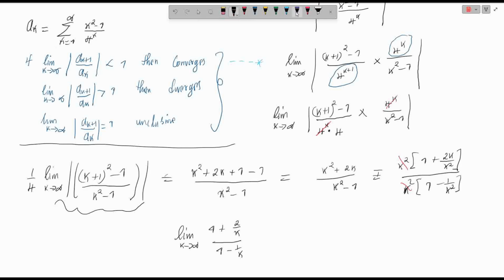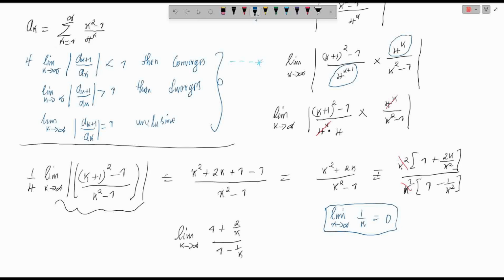Then you have to take note of this. We need to know that the limit as k tends to infinity of 1 all over k is 0. You have to know this. So when we insert k equals infinity, we're going to have 1 plus 2 divided by infinity.